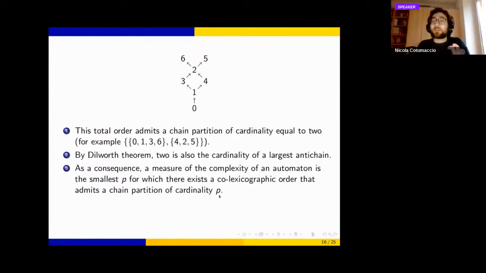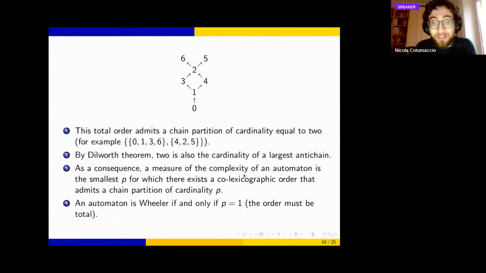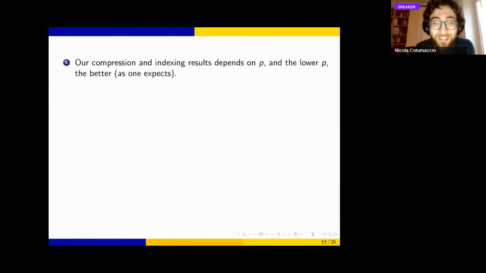So now it makes sense to say that this p says how difficult, how complex, a graph is. And from the previous discussion, it follows that a graph is Wheeler if and only if this quantity p is equal to 1, because a graph is Wheeler if and only if the order is total, and trivially a total order admits a partition into just one totally ordered set.